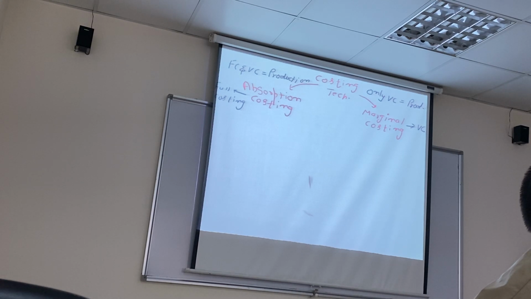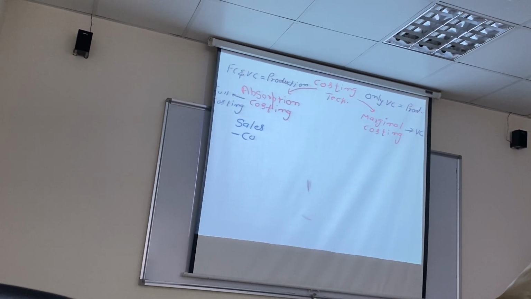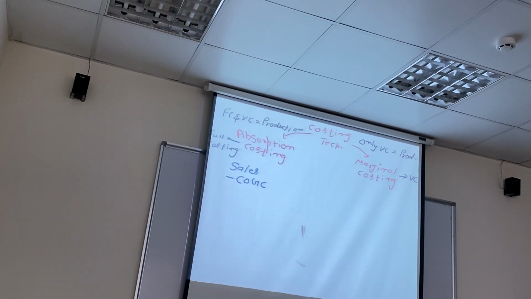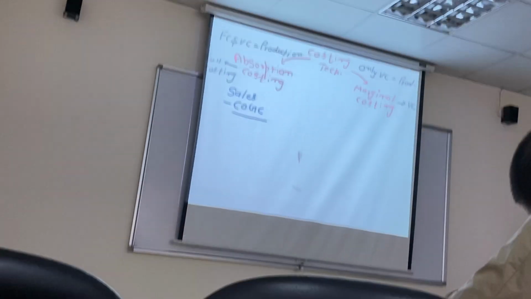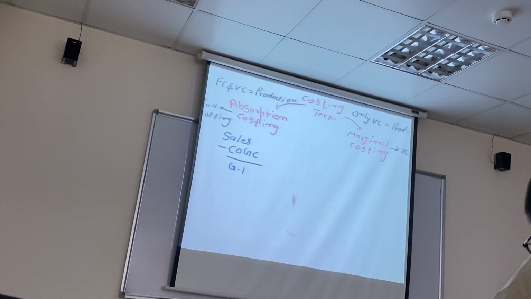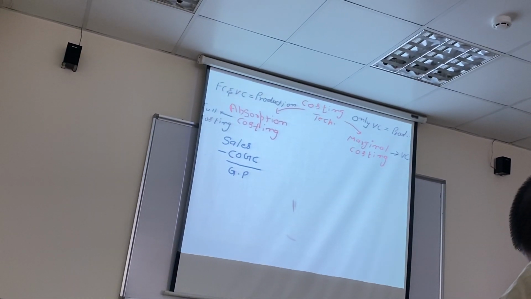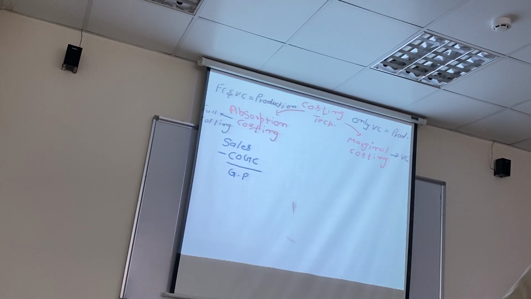Right? So how do we calculate profit or allocate cost using absorption costing? I think you know that, but I repeat again. Sales minus cost of goods sold, meaning manufacturing cost, is gross profit or gross loss.